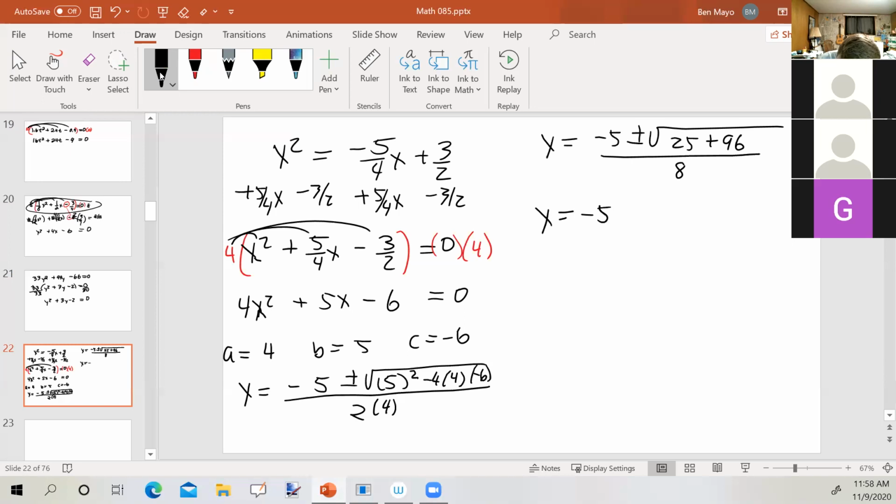X equals -5 plus or minus the square root of, let's see, what is that? 121 all over 8. 121 is a perfect square. It's 11 squared. So the square root of 121 is 11 all over 8.